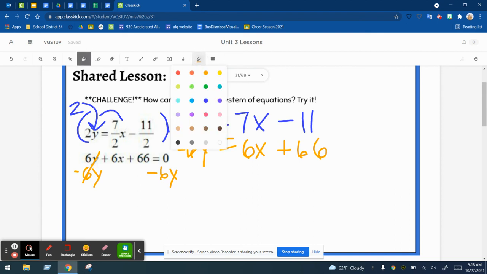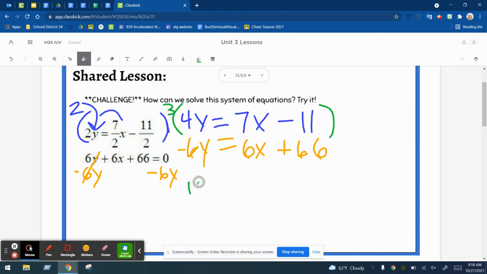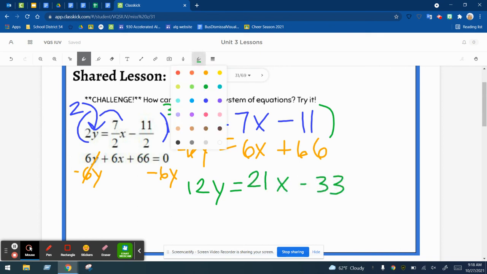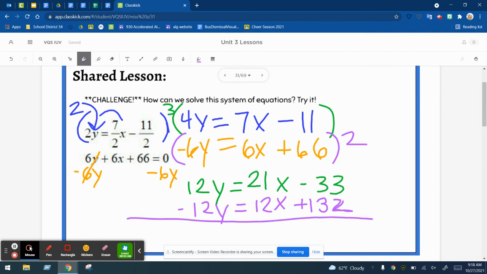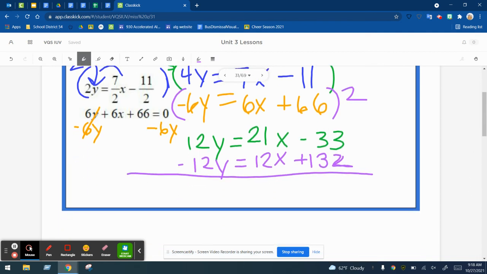If I multiply the top by 3, I can get 12y is equal to 21x minus 33. And then I'm going to multiply the bottom by 2 so that I get negative 12y equals 12x plus 132.